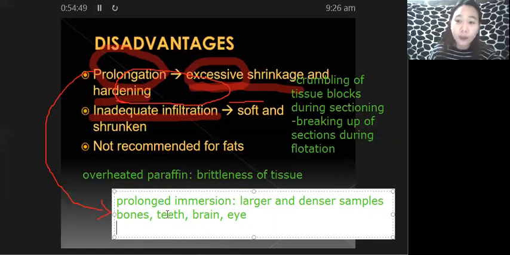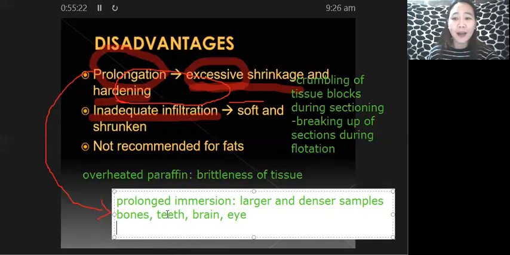But again, we know that prolonged immersion causes shrinkage and hardening. So what is our conclusion here? It is not advisable to use paraffin wax for bones, teeth, brain, and eye samples, because although the required immersion is longer, we cannot do that because it will cause shrinkage and hardening.